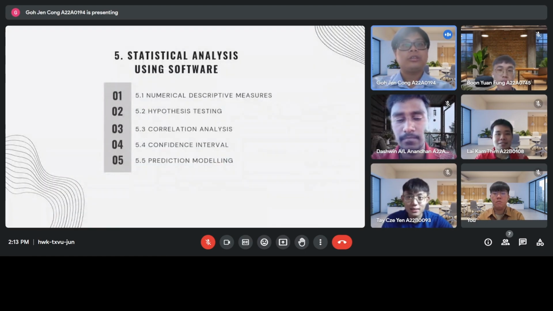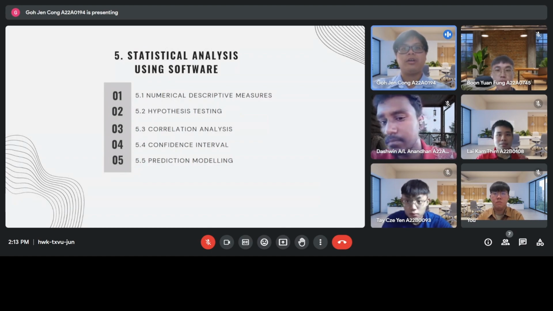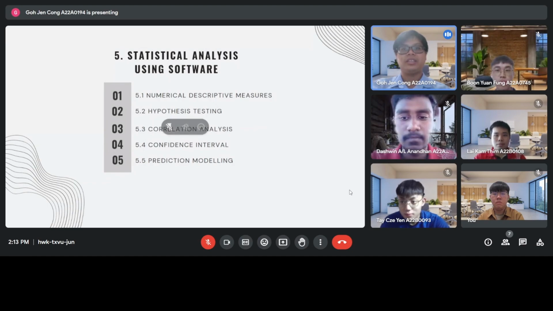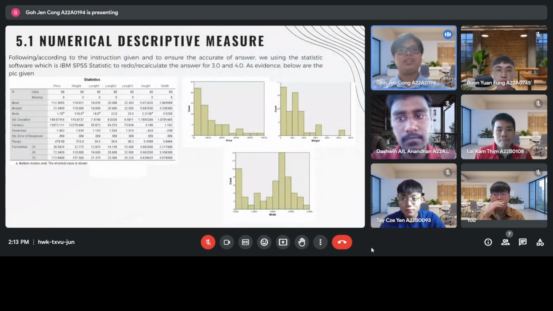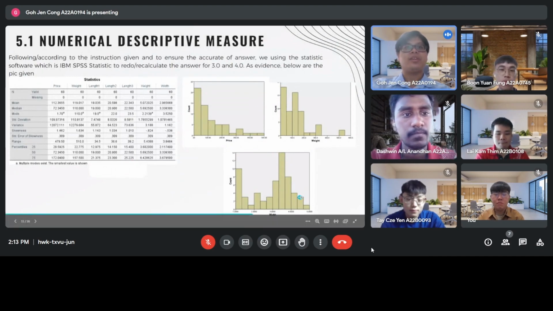Now I will go to number 5, which is statistical analysis using software, which consists of numerical descriptive measures, hypothesis testing, correlation analysis, confidence interval, and also prediction modeling. Now I will present 5.1, which is numerical descriptive measures.